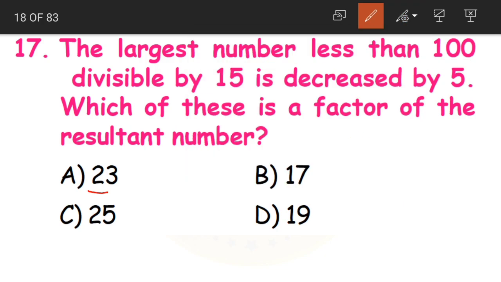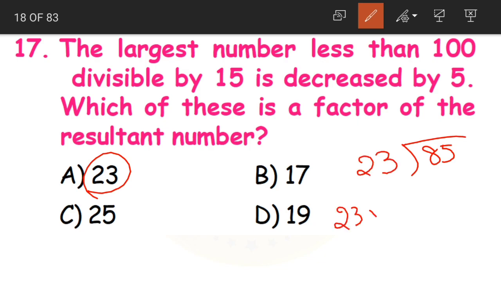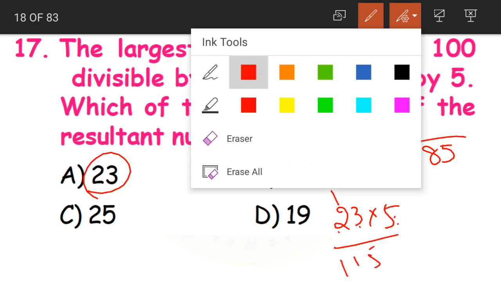Let us check. 85 divided by 23. Let us check with 23 into 5, what does it become? 5 3s are 15, 5 2s are 10, plus 1, 11.